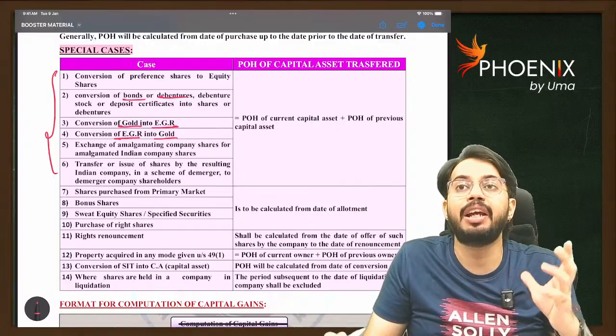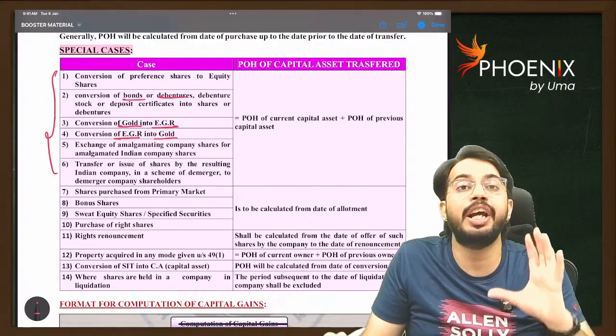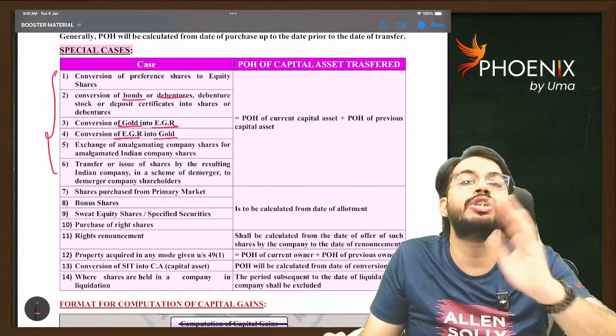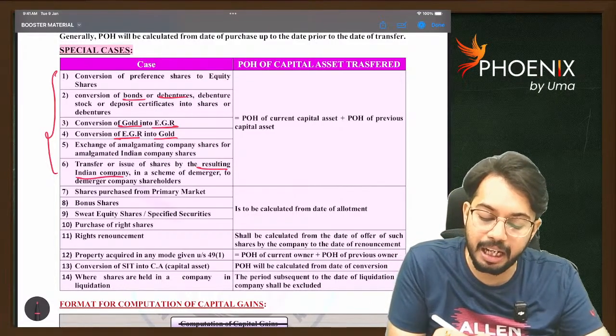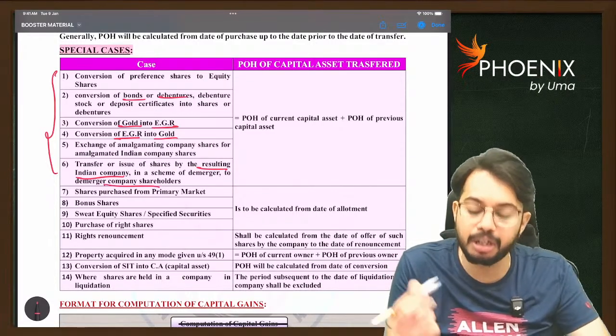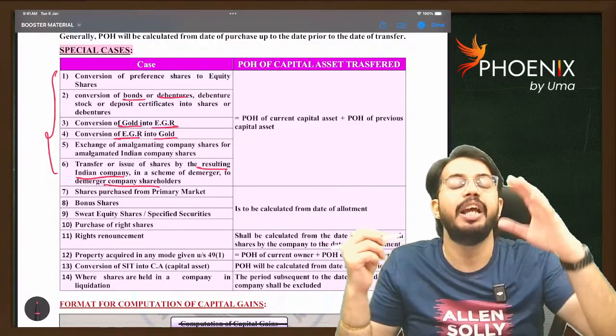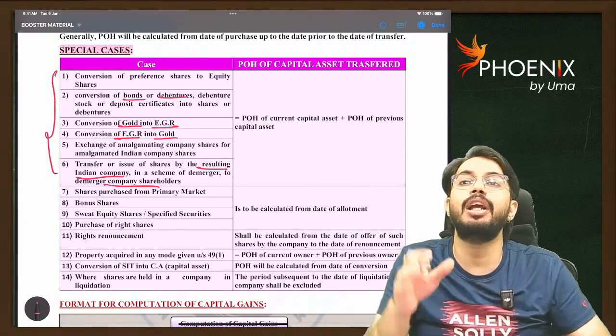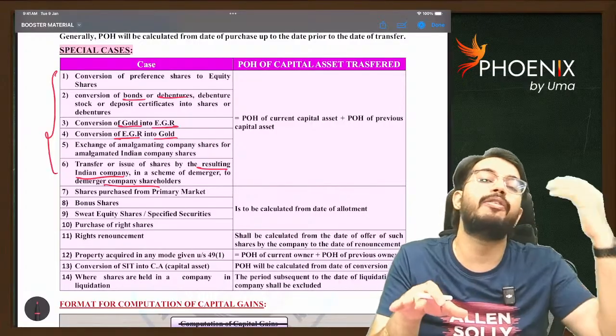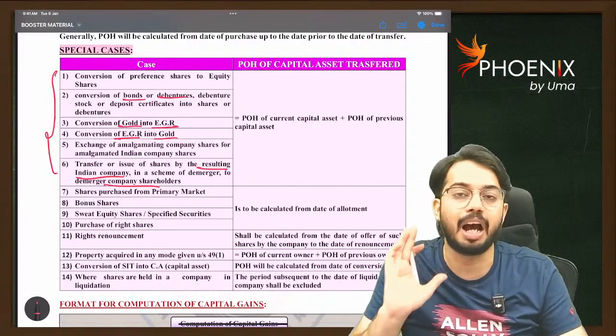Next, allocation of resulting company shares to shareholders of demerged company, transfer of shares of resulting Indian company in scheme of demerger to demerged company shareholders. In all these 6 cases, period of holding is equal to period of holding of current capital asset plus period of holding of previous capital asset. Are you able to understand?